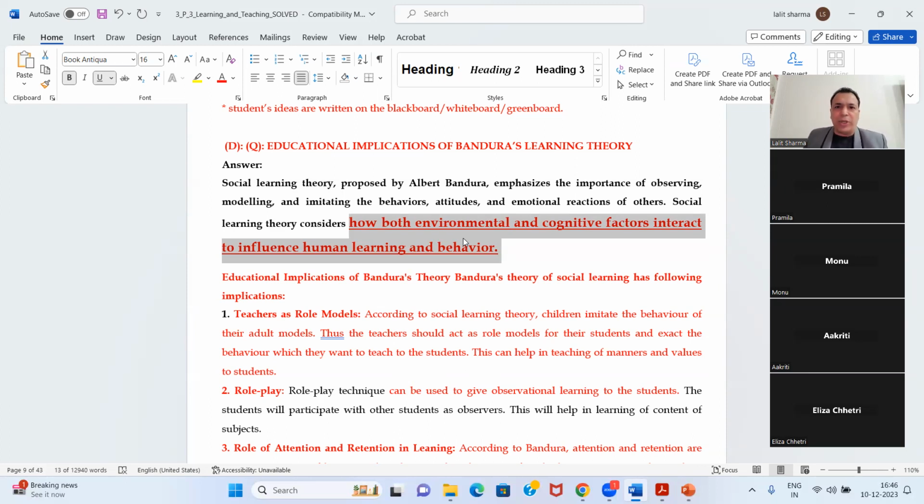So Bandura's learning theory talked about how environmental and cognitive factors interact to influence human learning and behavior. Right? So guys, actually all these things are interrelated. If you have knowledge of the classical conditioning theory, then within a second you will come to know what Bandura says.